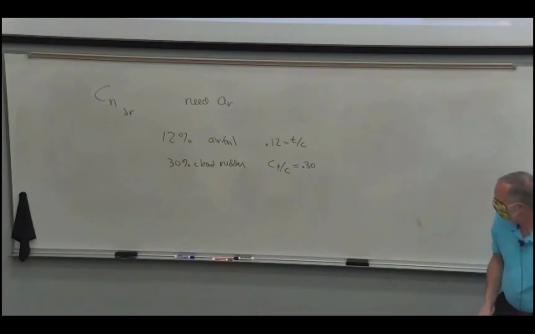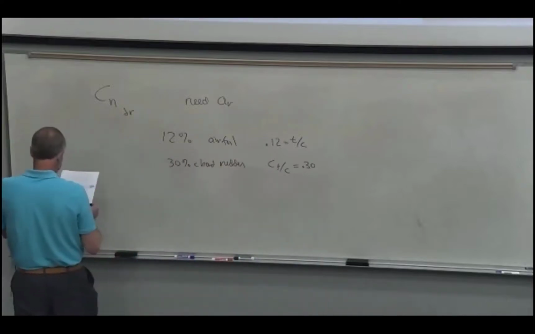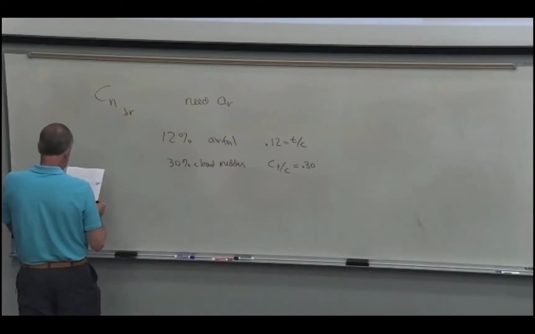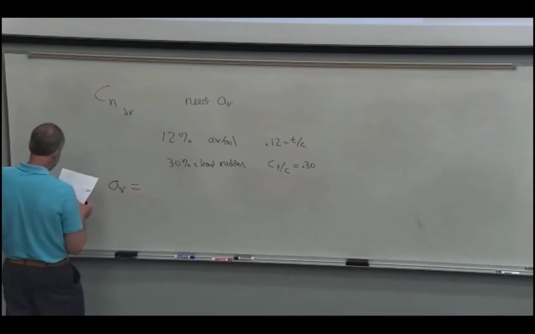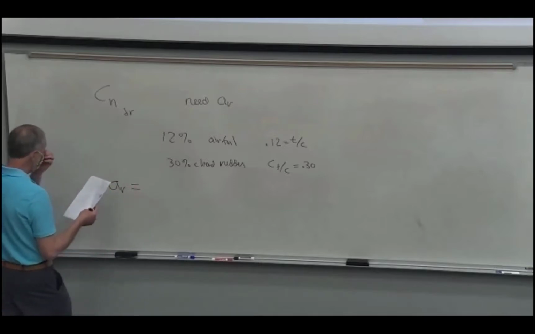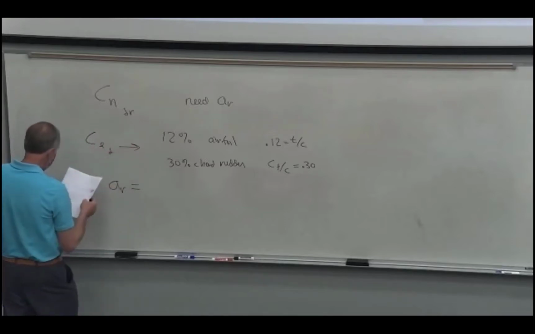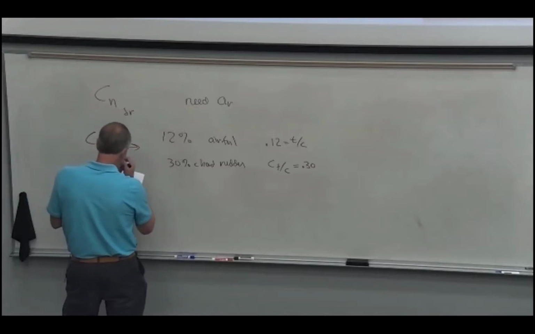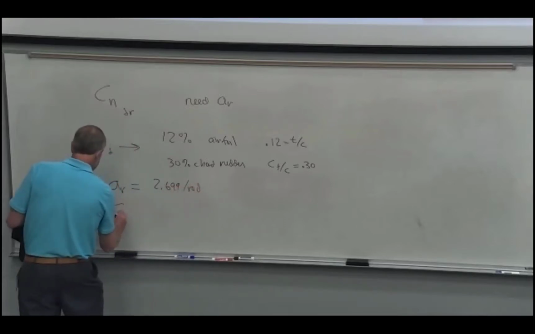Then you go into the formula to get AR. So that's the point that you're picking, the CL subscript delta. It comes from this. And then you go into the formula that's on page 322. You should get an AR of 2.699 per region.